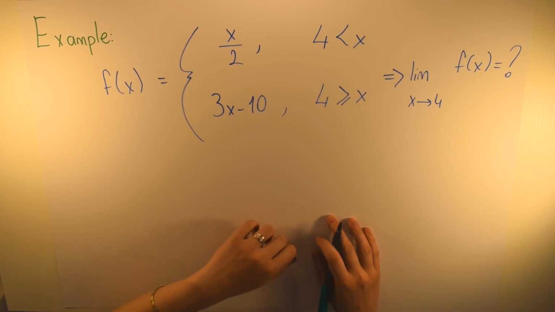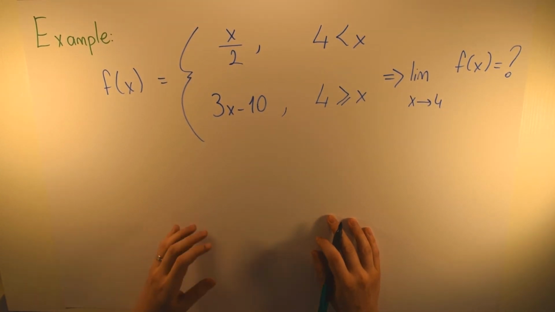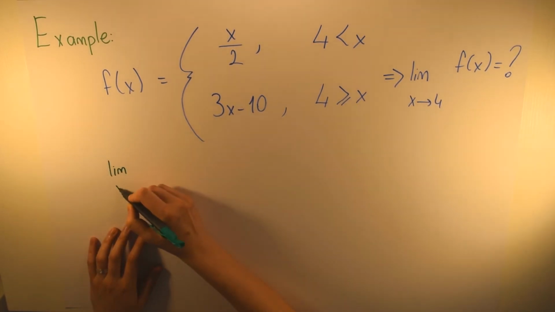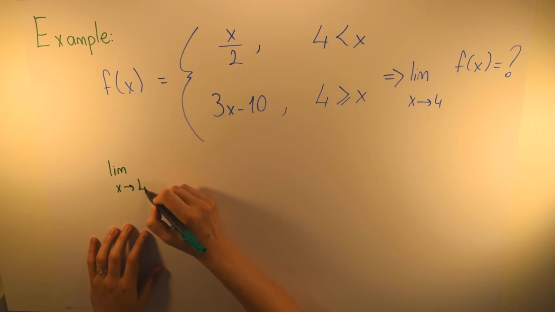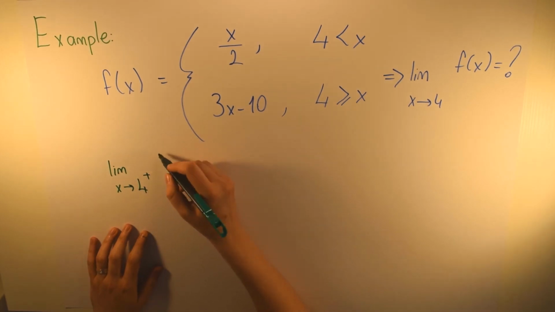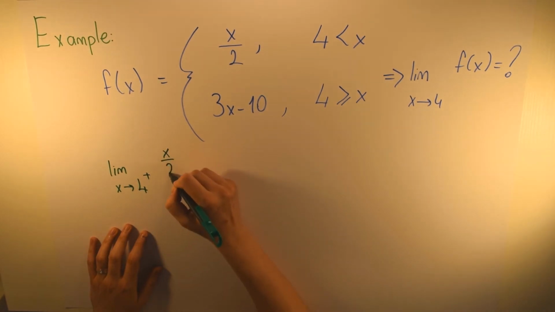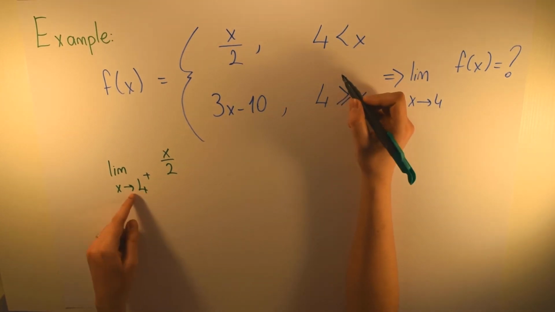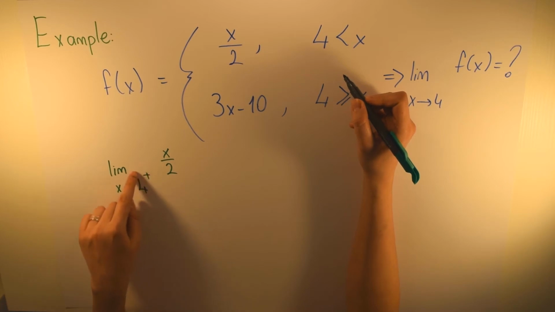So all you need to do is first you should check from the left and right side. Okay, let's do that. Limit as x approaches 4 from the right side, so it is x over 2. Why? Because as you can see, we are looking at the values where x is greater than 4.